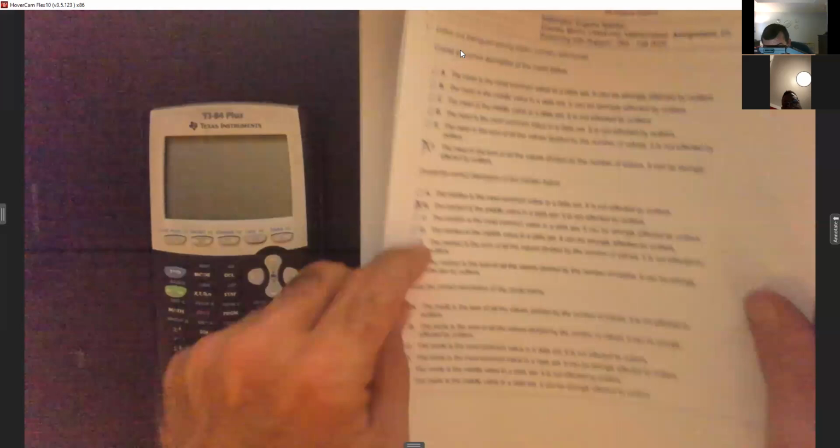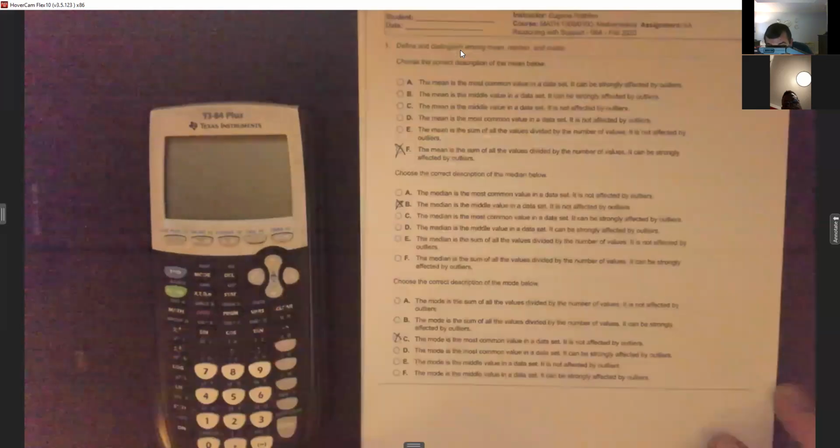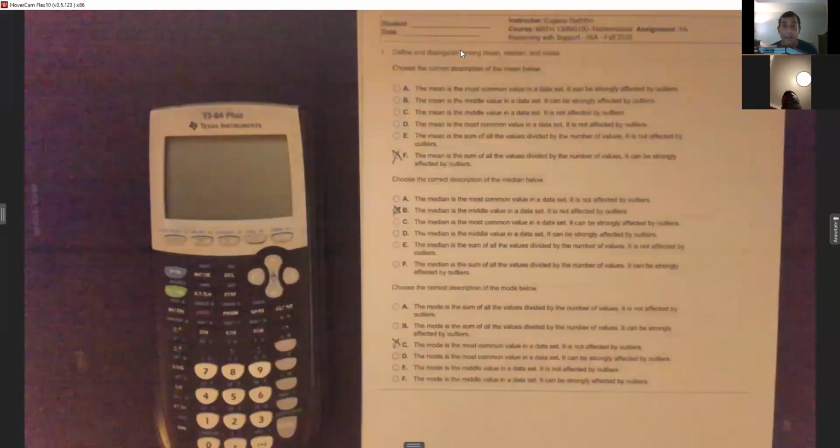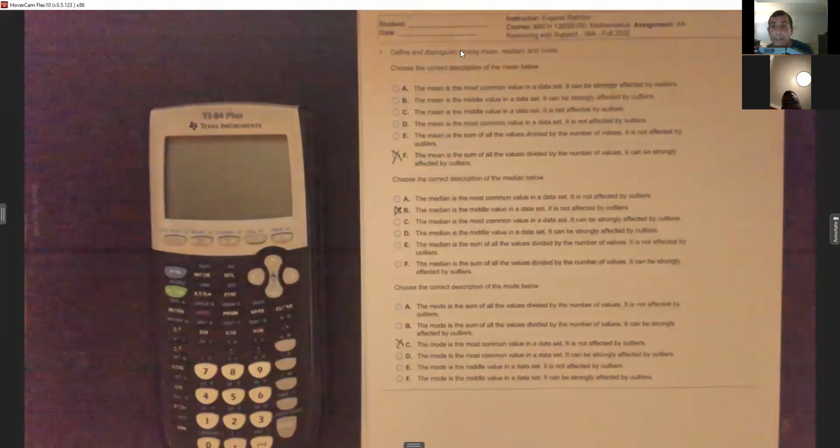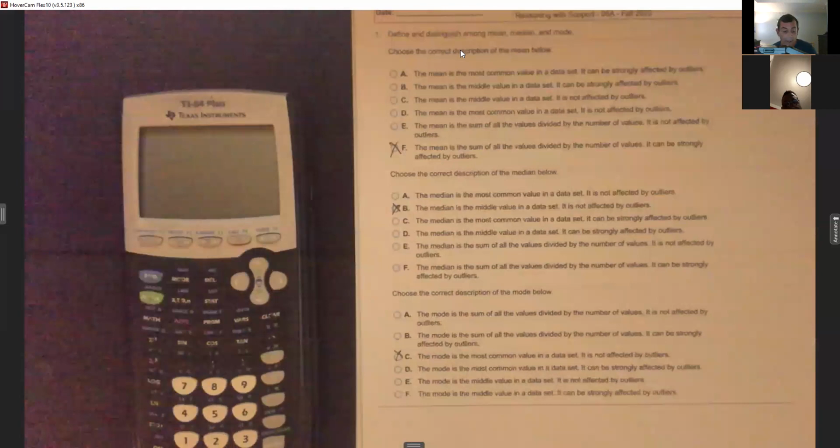All right, y'all, so this first question I went through is on our homework 6A. They want me to define the mean, median, and mode.